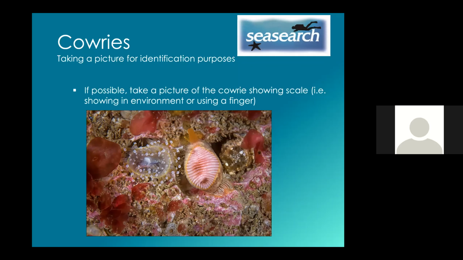This one is approximately one of the bigger ones, the size of the jewel anemone. And it will give us a lot of other information: what environment it is in, the size, what it's currently doing, whether it's feeding or not feeding.